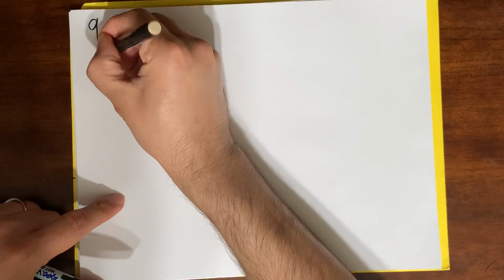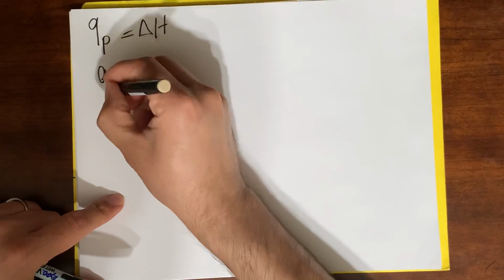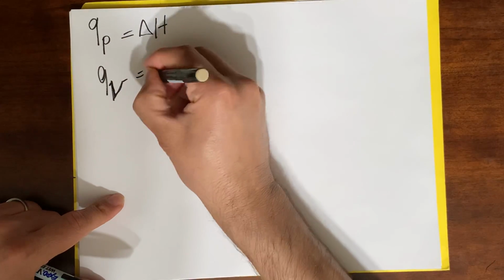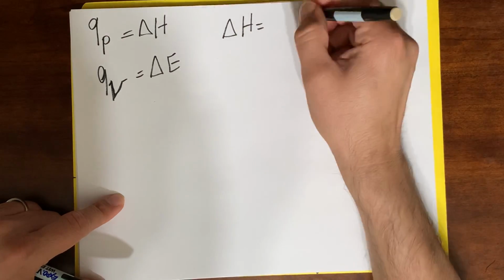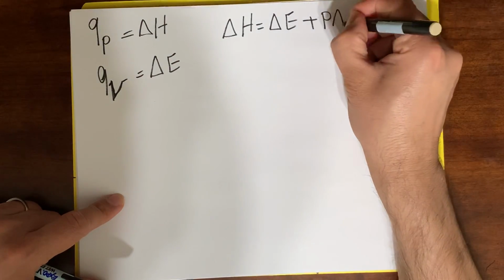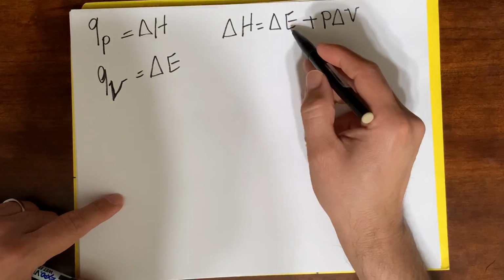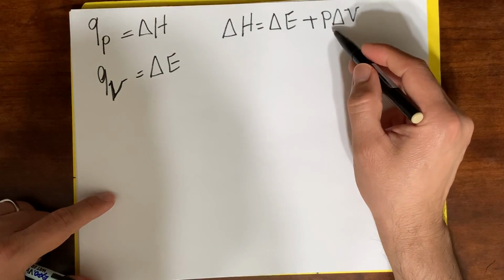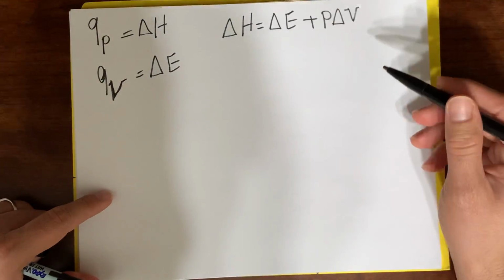We said heat under constant pressure, we call it delta H. Next one, heat under constant volume, we call it delta E. Delta H is equal to delta E plus P delta V. So in order to have delta H equal to delta E, we need a correction, and if that correction is equal to 0, then those two will be equal to each other.